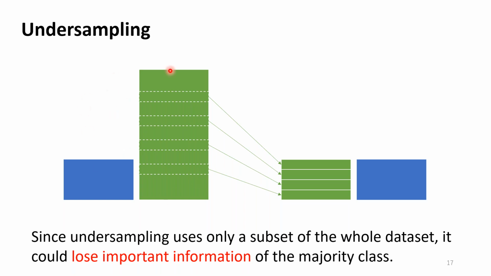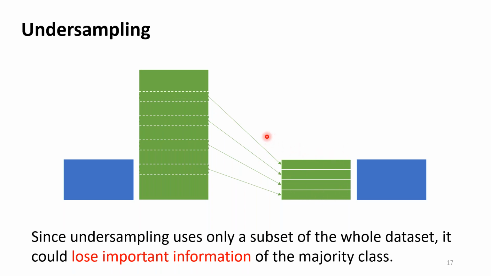This is the figure about undersampling. Undersampling lowers the imbalance ratio of the dataset by reducing the number of samples of the majority class. So this is random undersampling. From this majority class, randomly selected samples only are used in the application.